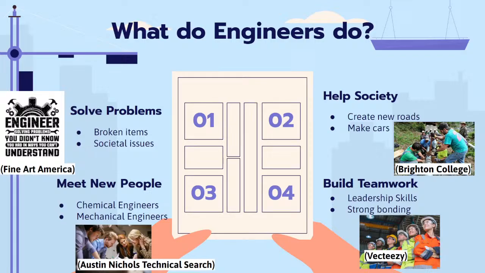So going off of that, they help society as well. So like create any new roads or make any new cars or buses or motorcycles or trains, like the bullet trains that are happening right now, like the trains that move super duper fast.